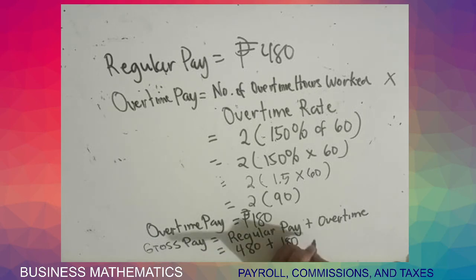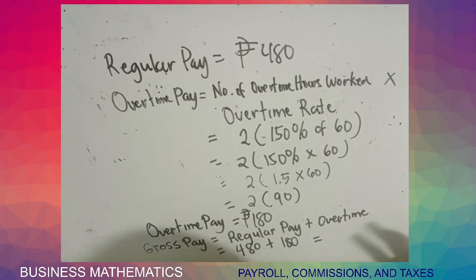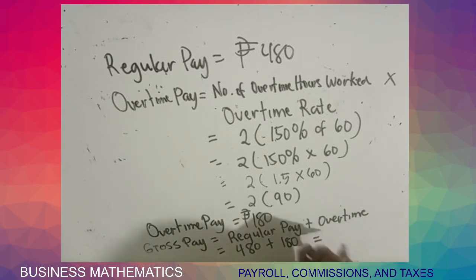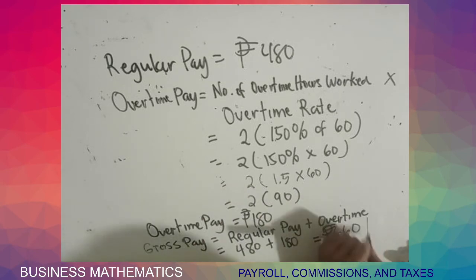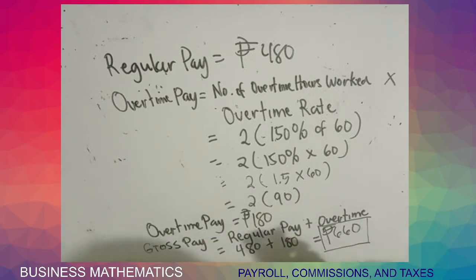So, 480 pesos plus 180 pesos will be 660 pesos. Ibig sabihin, yung 660 pesos natin, siya yung total earnings ni employee. Okay? So, ito na yung final answer. Madaming dinaanan na formula para makuha natin si gross pay or si total earnings ni employee. Okay? So, naiintindihan ba? Next na tayo na example.